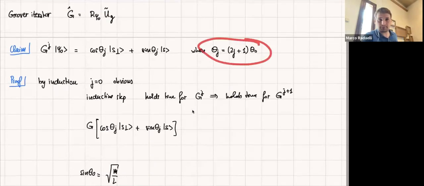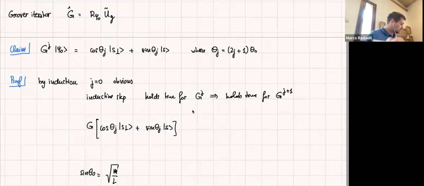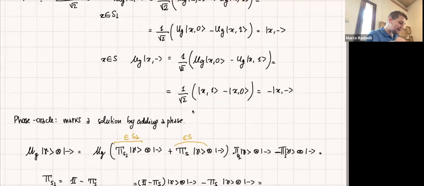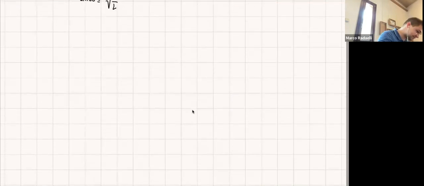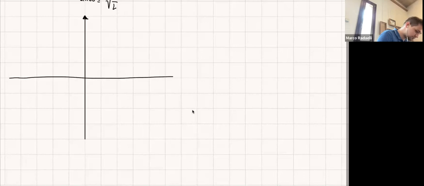Okay, so now obviously there is a problem. Every time we move, we basically add 2 theta naught. So let's redraw it quickly. We have the non-solution space and the solution space here.